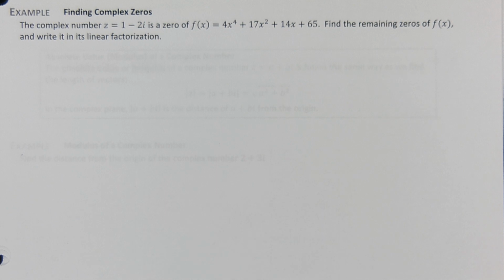We were told that 1 minus 2i is one of the solutions of this fourth degree polynomial. That means there's another complex solution that wasn't said, but it must be true.